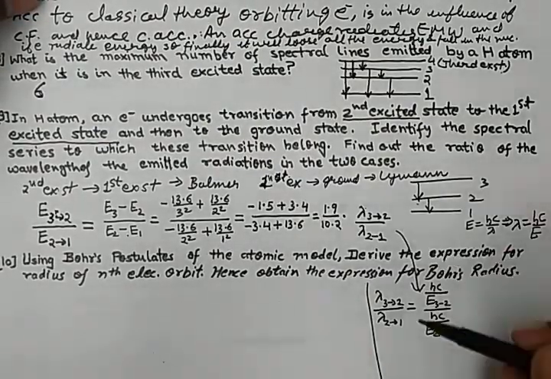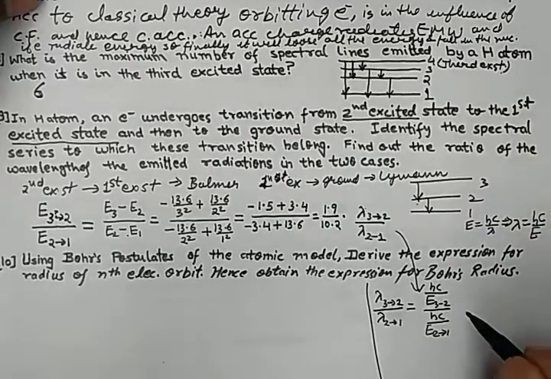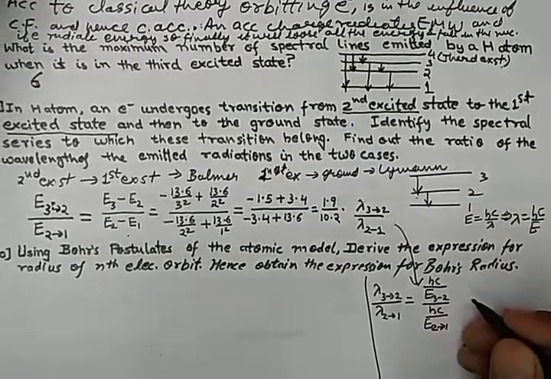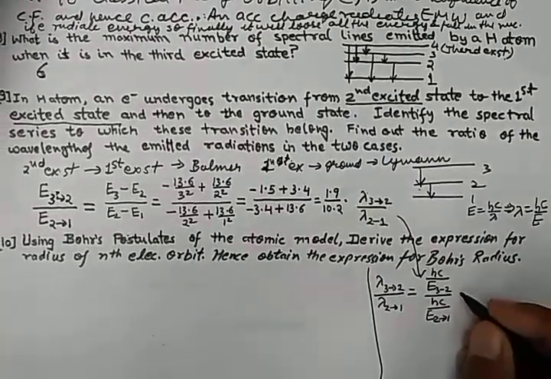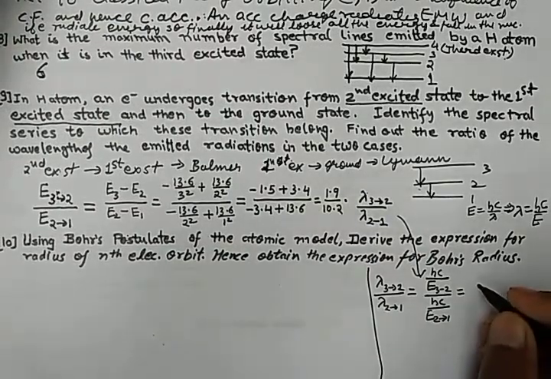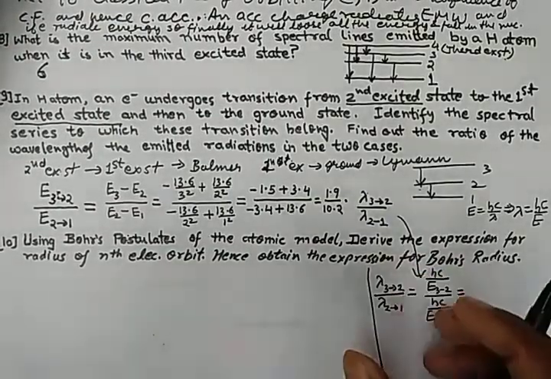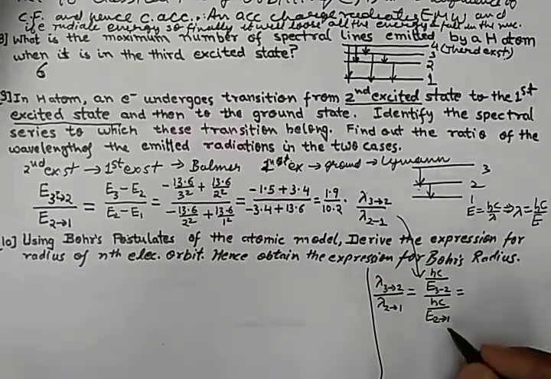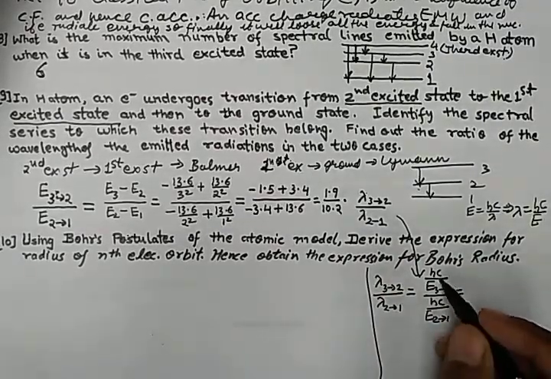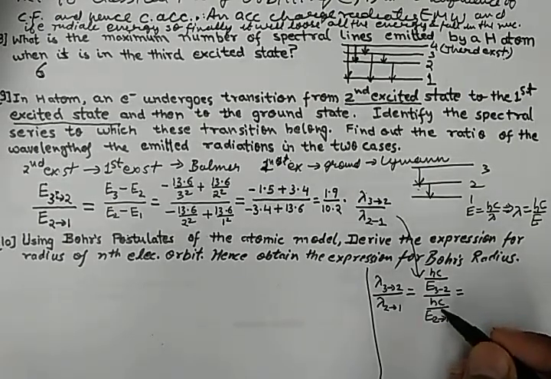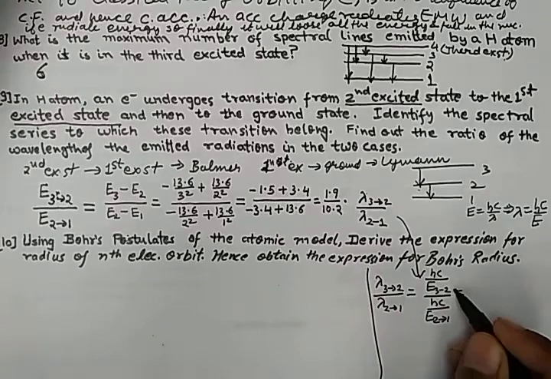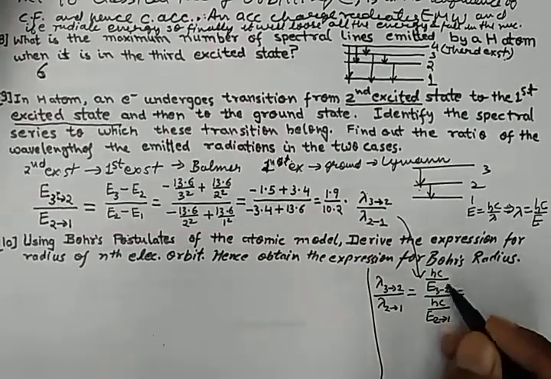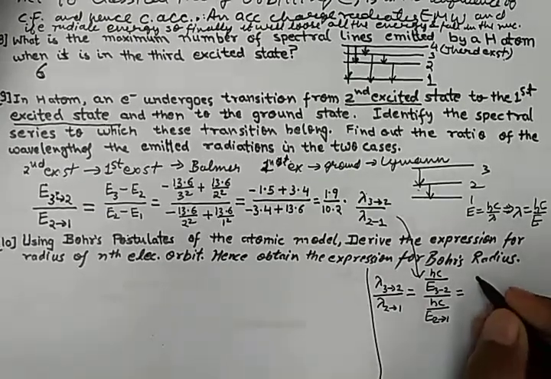See, the way in which I am solving it, we don't have to do something extraordinary, just going through the simple mathematics. So now this will get cancelled and this will be reciprocated, because this is in the denominator, this is in the denominator, and in such a way this will multiply here, this will multiply here, hc will get cancelled. So ultimately this will go up.